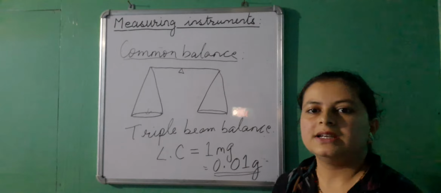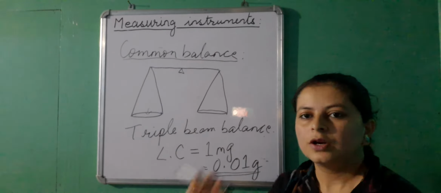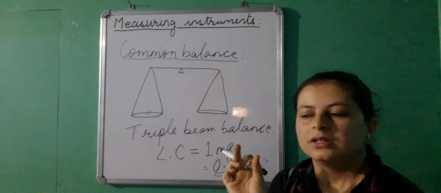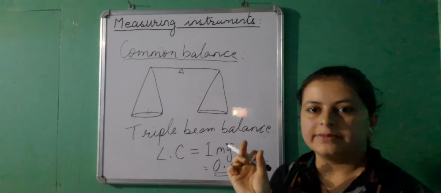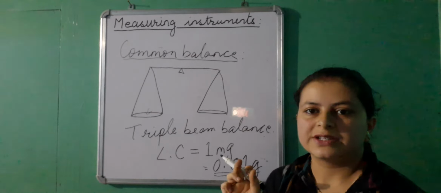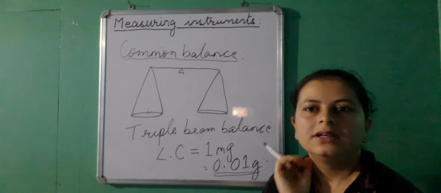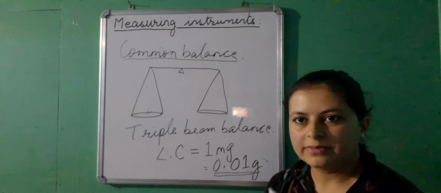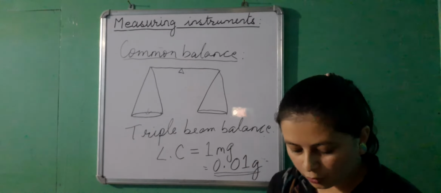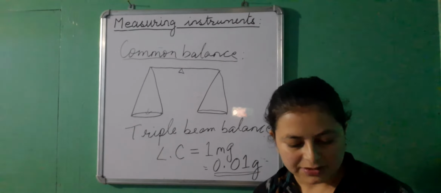So we have done the least count for 4 instruments. We have done the least count for a scale: 1 division is equal to 0.1 centimeter. Secondly, we have done for clock also, which is used to measure time, where the seconds hand can give you the minimum time interval, that is equal to 1 second. The least count happens to be 1 second. Then we have done measuring cylinder.